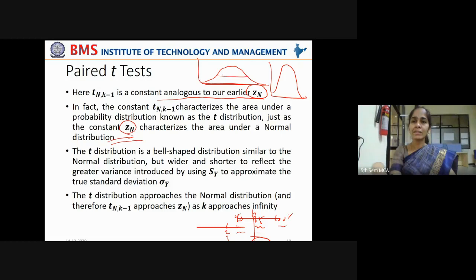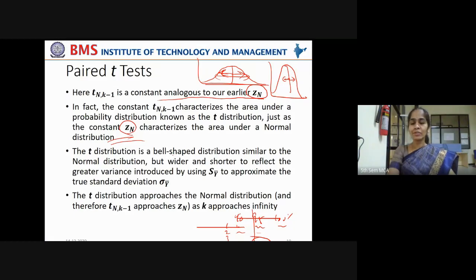This interval is wider and shorter, okay? But wider and shorter to reflect the greater variance. Did you notice here? Variance is higher. When you take the variance or standard deviation in this case and in this case, the variance under the curve is higher. So to explain that, this T distribution is being taken.